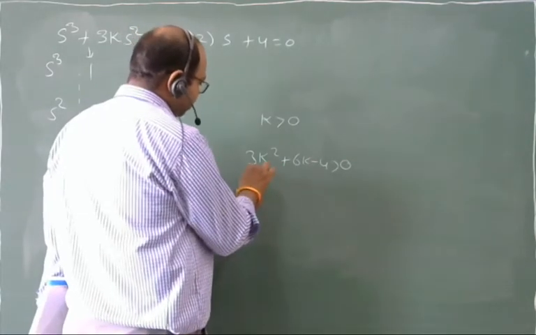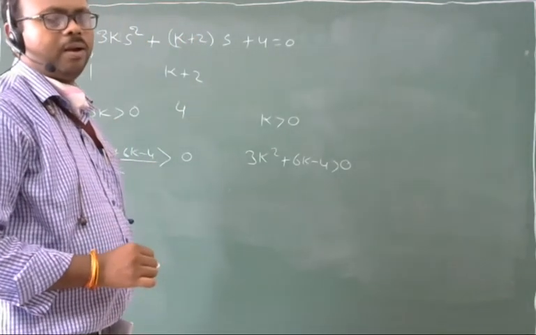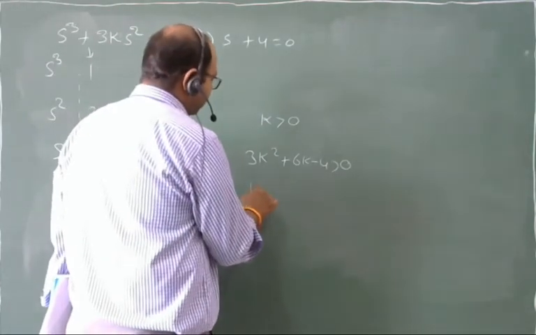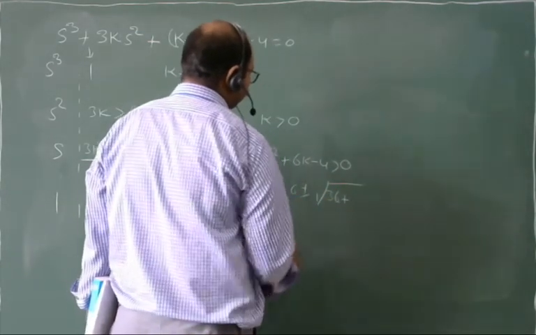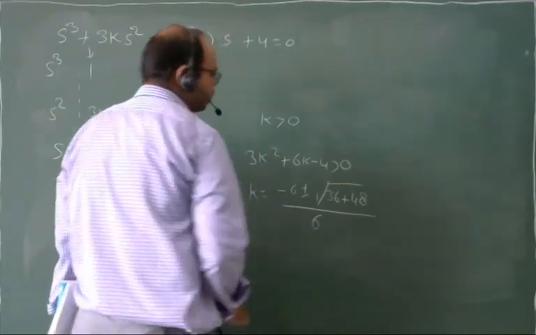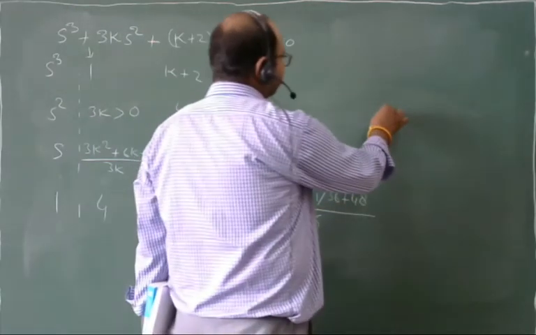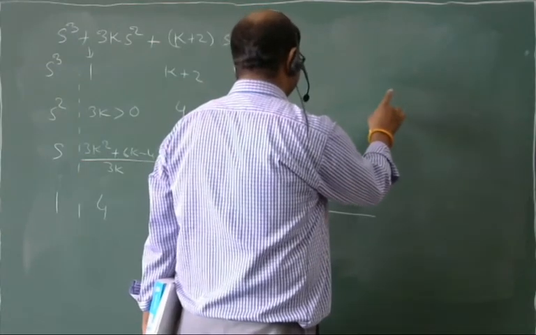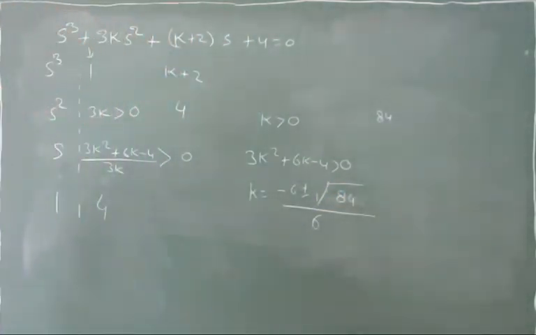And after solving by using the Sridharacharya formula, k will be minus 6 plus minus under root 36 plus 48, divided by 6. This value will be under root 84.